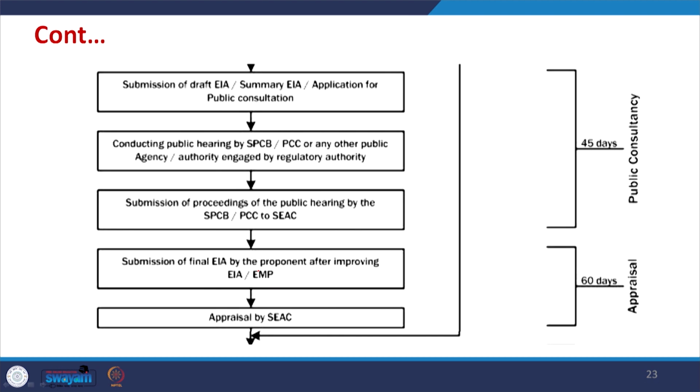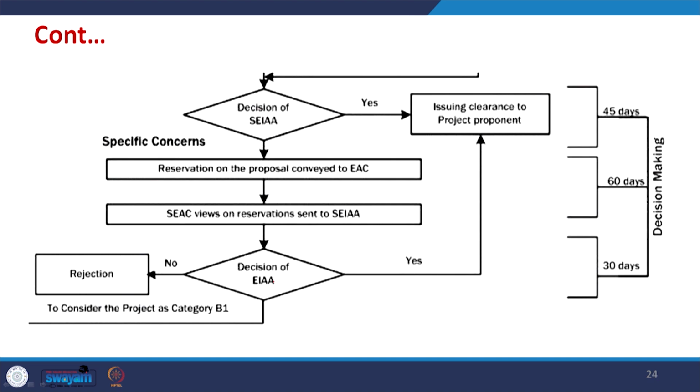We have the same process here, only appraisal is by the state level environmental assessment committee, which will take care of all these processes, and further the decision is by the state level committee. So, state level agencies take the decision for the B category projects.